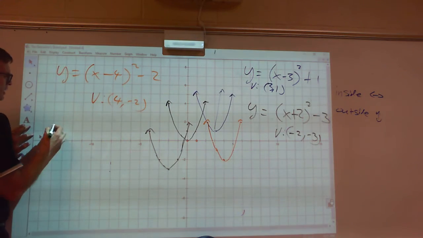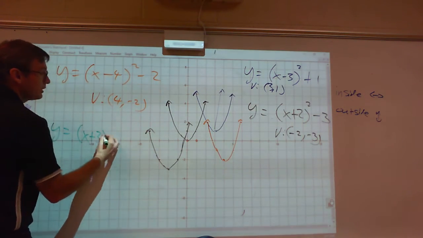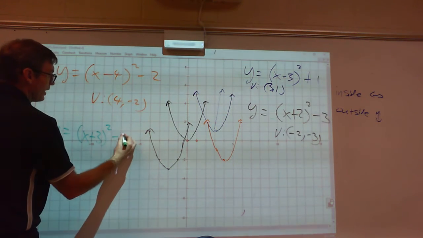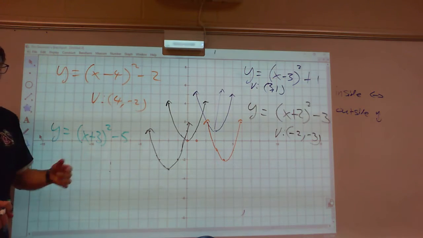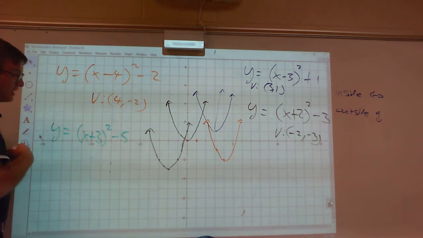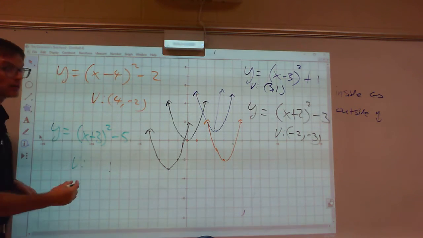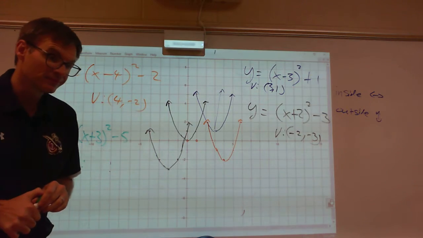But if I said y equals x plus 3 quantity squared minus 5, and I said, what is your vertex, would it be easy to identify the vertex without having to graph it? Yes.